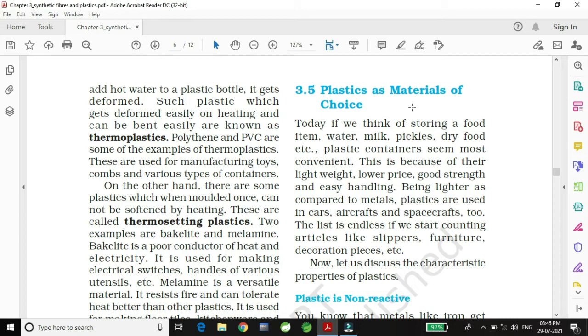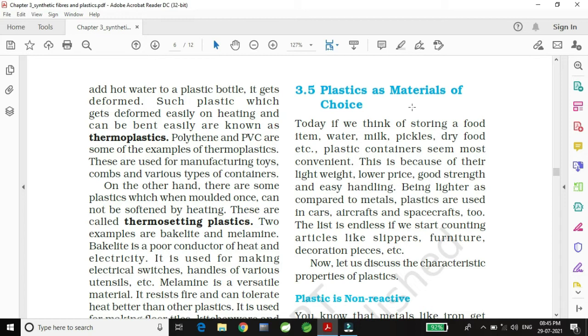Being lighter than metals, plastic is used in cars, aircraft and spacecraft also. The list is endless, with articles like slippers, furniture, decoration pieces, etc.